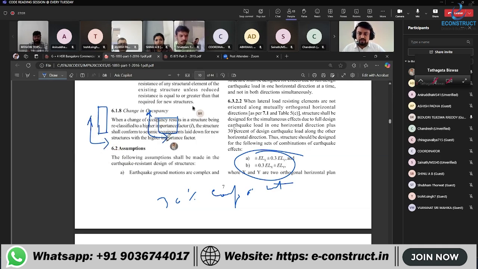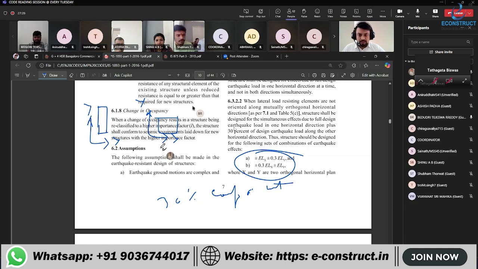This is very helpful and needed for newcomers specifically, who are not yet habituated with ETABS. For them, orthogonal and non-orthogonal will create a lot of issues later on if you do not understand it from now. If we call this x, then this would be y. You will definitely have a lot of issues if you do not understand this.